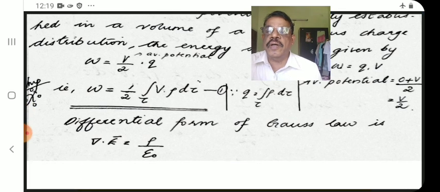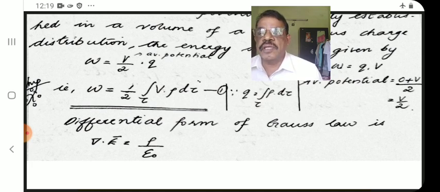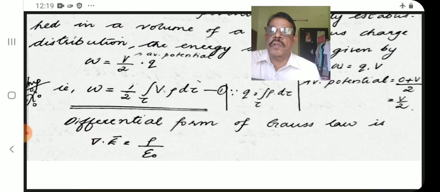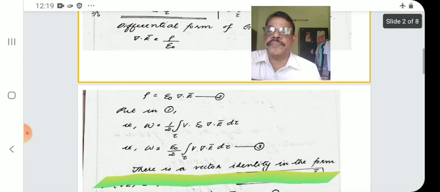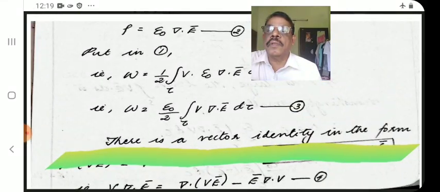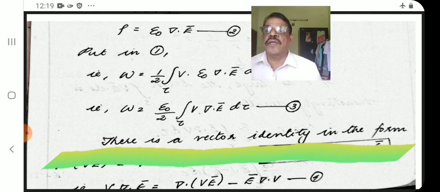Now we remember the differential form of Gauss law. That is del dot E is equal to rho by epsilon 0. That we cross multiply, we get rho is epsilon 0 del dot E, equation number 2.